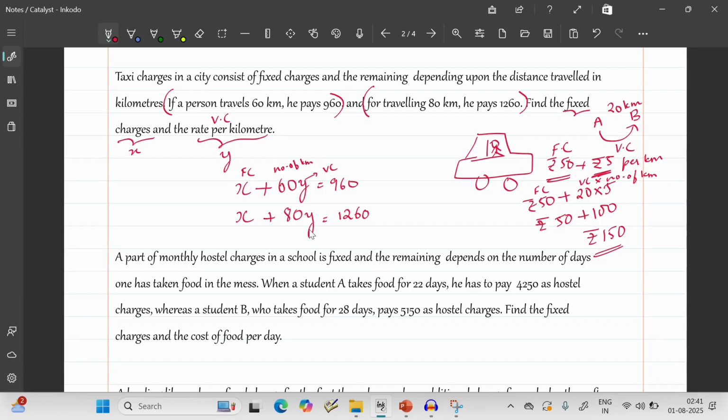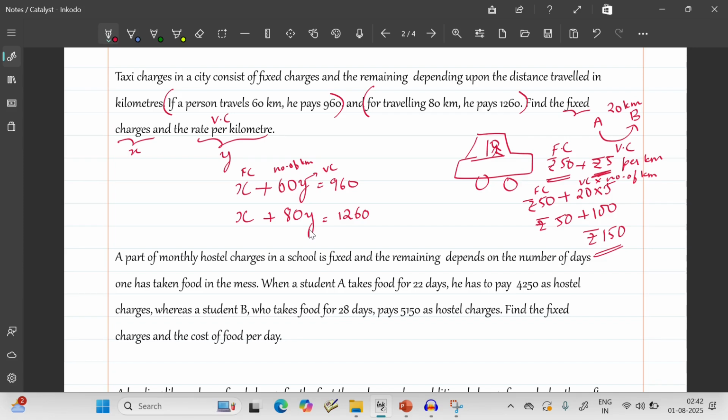Very simple, very easy. The fixed charge you have to add to the variable charge, multiplied by the distance, or the days, depends upon what the question is asking for you. So you may get taxi charges type of questions where you will have a fixed charge and a variable charge, maybe a library question, a school hostel question, that is what will be the cost, what will be the total charges for staying in a hostel if you have stayed for 20 days, 30 days.